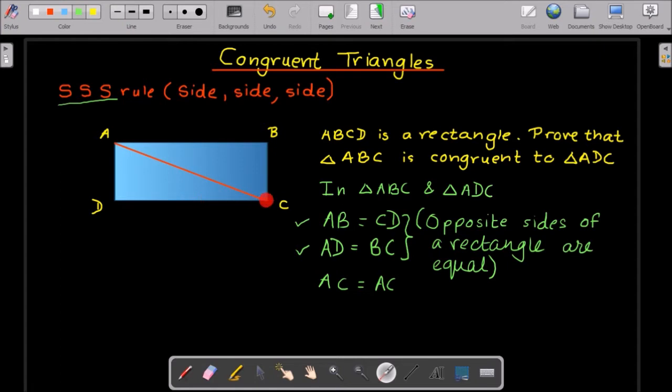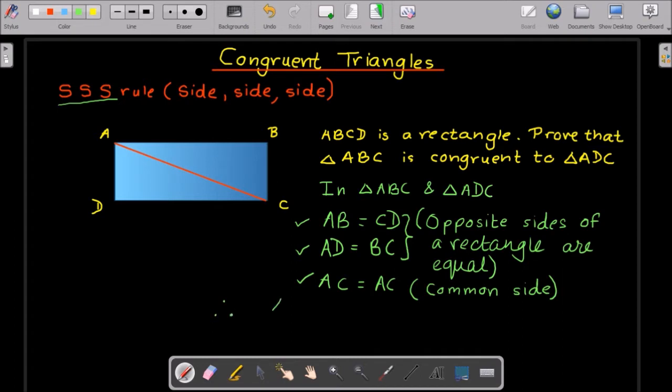In triangle ABC, you have the side AC, and in triangle ADC, you have the side AC. So since they both share the same side, we can say this is a common side. So those are my 3 points, and I've given the reasons for them.